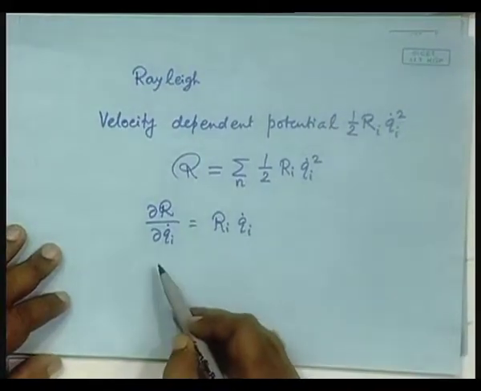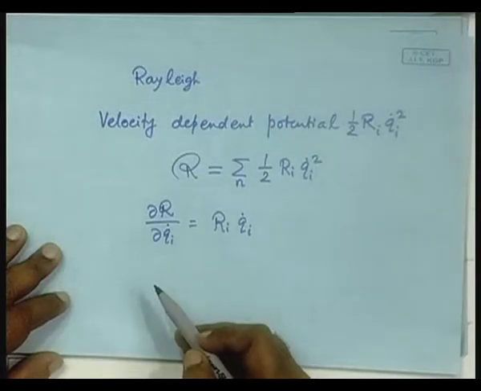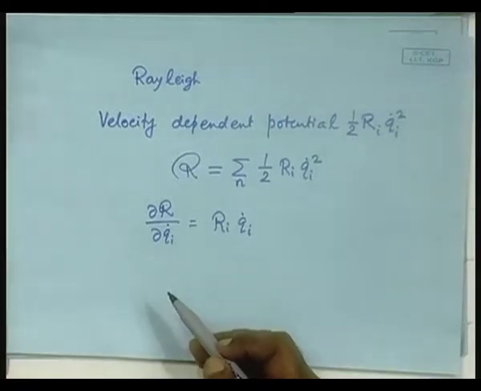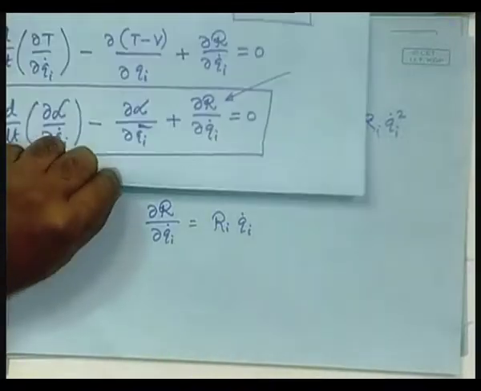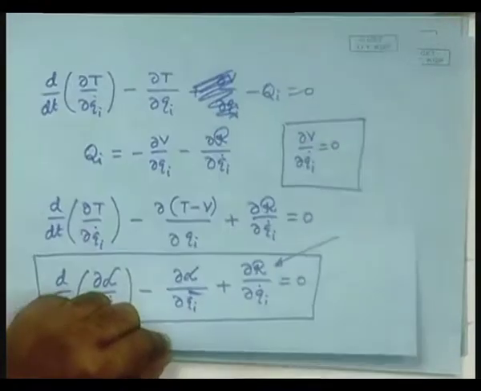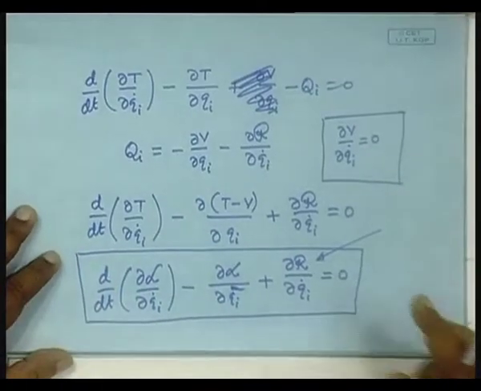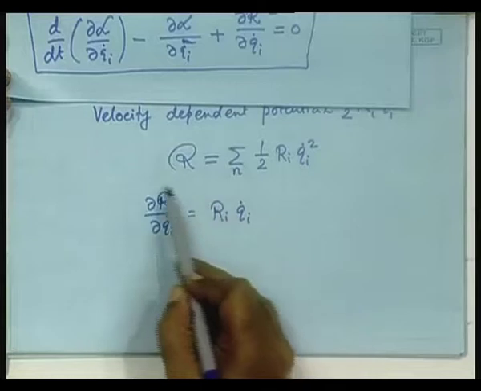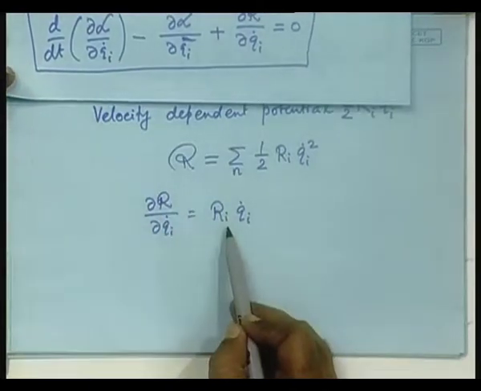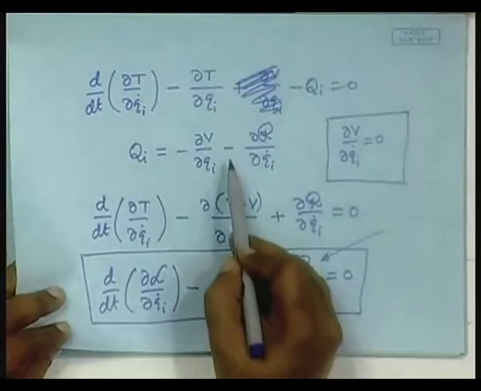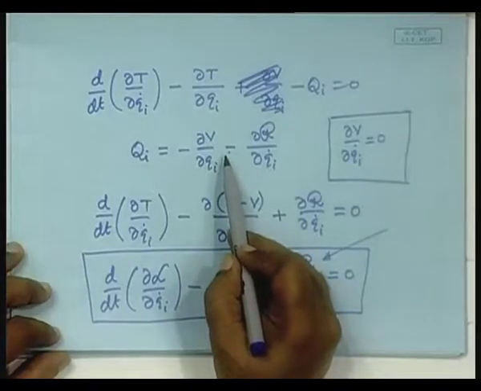So when we write Qi, won't it be minus dou V dou qi plus dou R dou qi dot? Okay. So, his question, let me repeat for the sake of the microphone: since if you differentiate it you get this, therefore, should it not be plus? Is that the question?